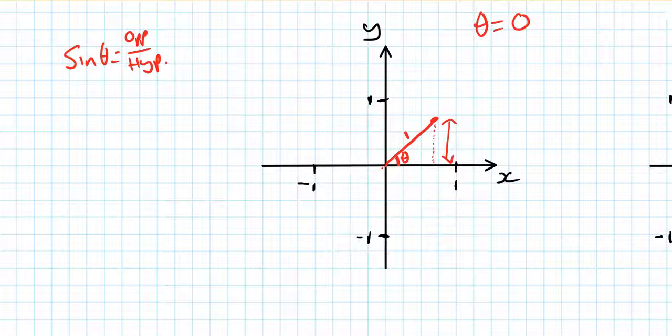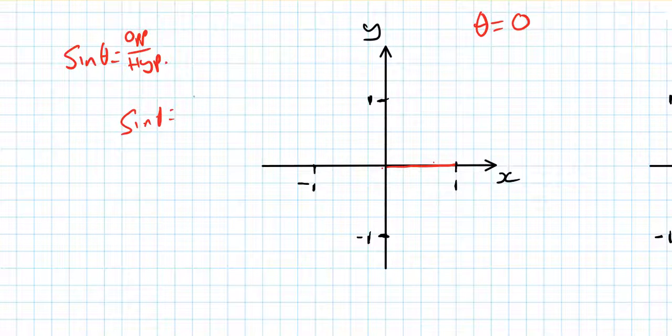So if that line is flat against the axes there, that opposite is 0. So we're going to have sine theta equal to 0 over 1. So if theta is 0, sine theta is 0.